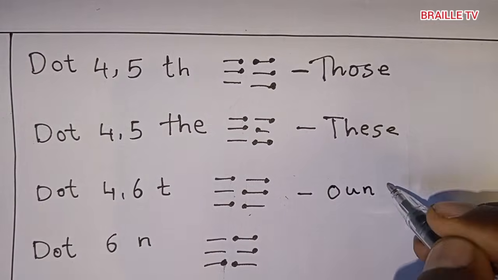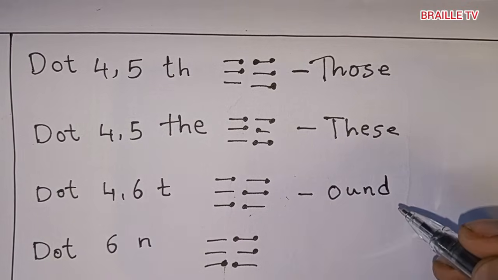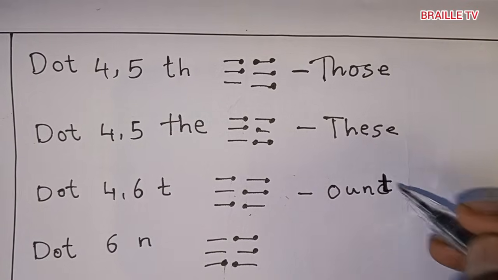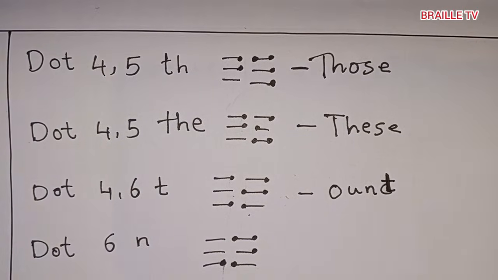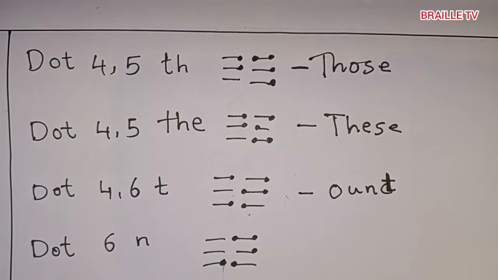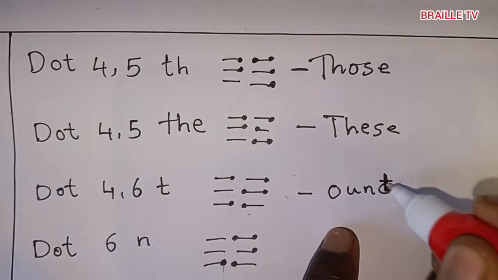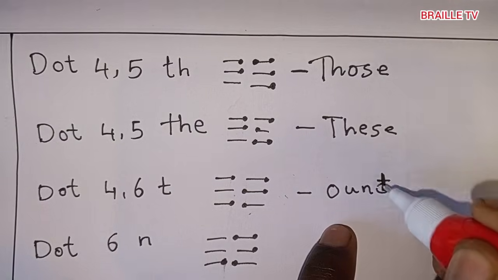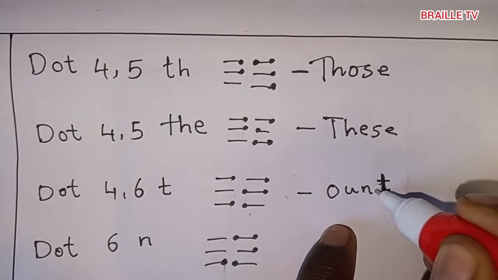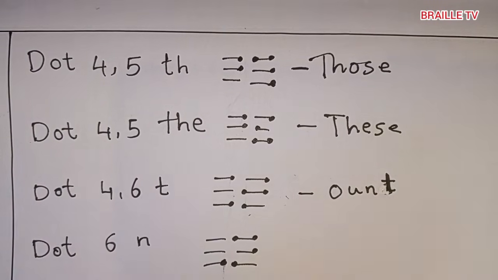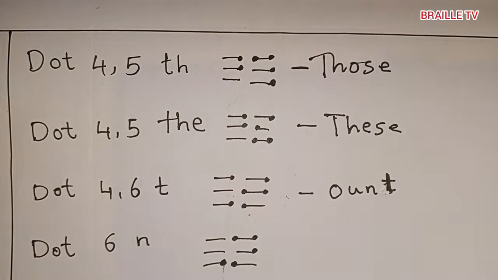Okay? Ound like that. Make sure hii kitu inataka ukue very keen. Nimesema ound, nikakosea nikaandika D. So hii inafaa ikue ound. Like that. I think now it's clear. So .460 ni ound. Remember this one we looked at under the final group signs.